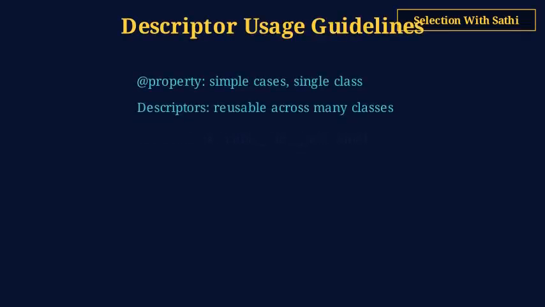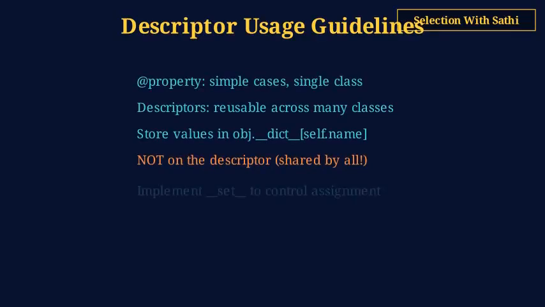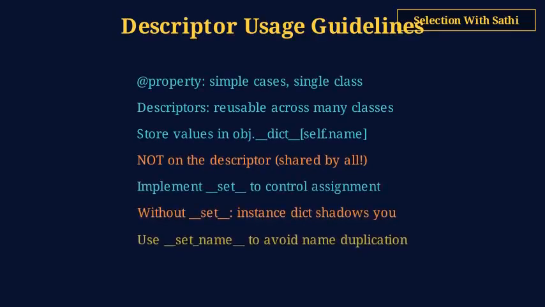When should you use descriptors versus property? Use property for simple managed attributes on a single class. It's concise and readable. Switch to descriptors when the same validation logic needs to apply across multiple classes.